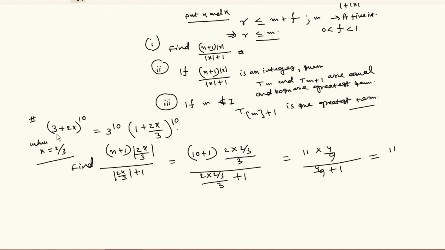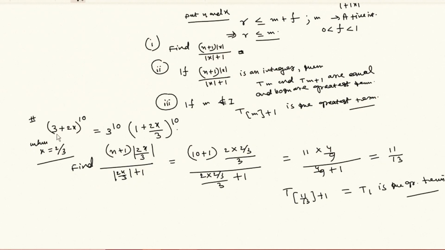Without any calculation you can state it. Okay, let me finish it. Mentally I did the sum. This is coming to 11 by 13 unfortunately, which is a proper fraction. So what will be our answer here? If this is a proper fraction, the integral part is not there. So which one is the greatest term? T of [11 by 13] plus 1. The integral part of 11 by 13 is 0 only. So T1 is the greatest term.